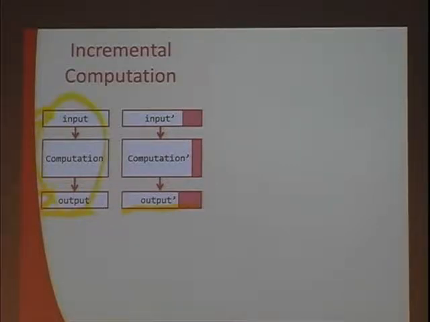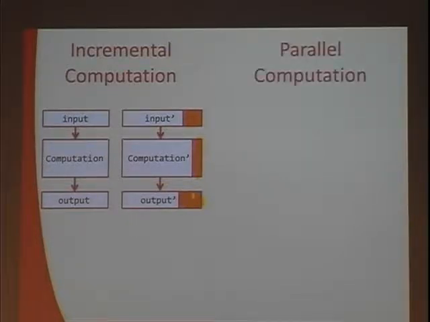In this batch phase, I'd like to reuse as much of that computation, as much of its intermediate results as possible, so that the cost of doing my recomputation is proportional to this red section. It's proportional to the changed behavior. So that might be one way that I can make my compute phase faster. Another possible way is to parallelize.